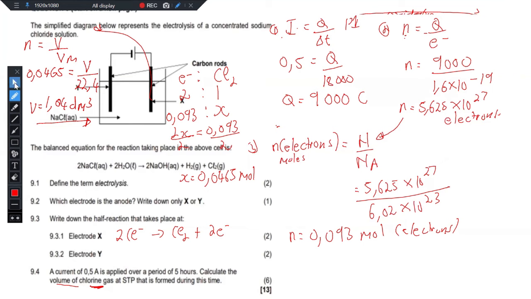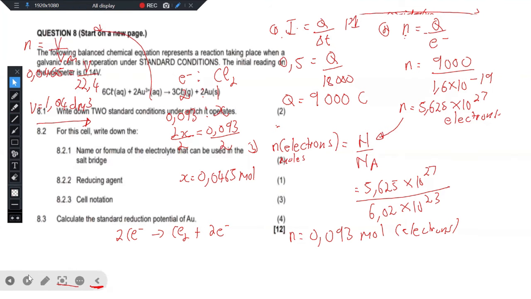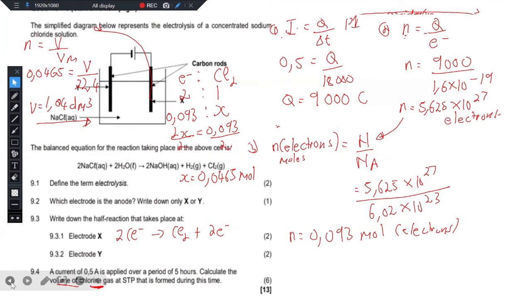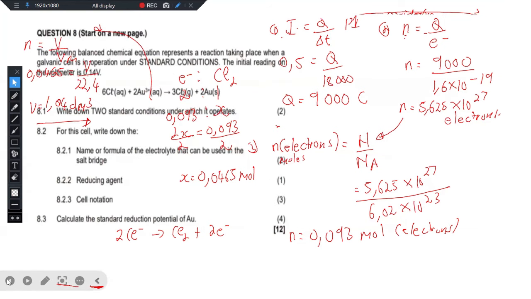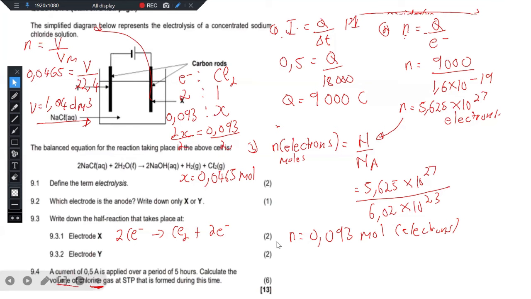And then make sure that you practice that calculation, because that's the only thing that might be a bit of a challenge when it comes to electrolytic cells. So if you just make sure that you practice that question very well, then that's the 12 marks plus the 13 marks, that's 25 marks in total. So that's very decent marks if you're going to add them to the 50 plus marks that you got in your organic chemistry, right?